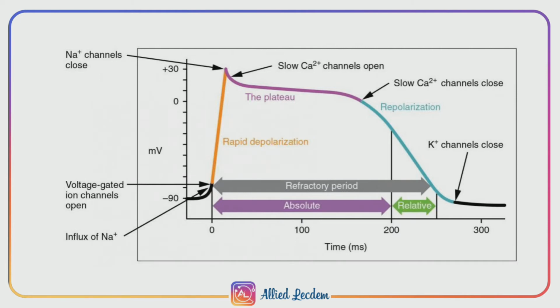Then calcium channel closes, potassium channel still remains open is phase 3, blue in color, repolarization. The black line denotes the resting membrane potential, which is phase 4. You can see the black line at minus 90 and also at the end of the graph, which states the resting membrane potential.